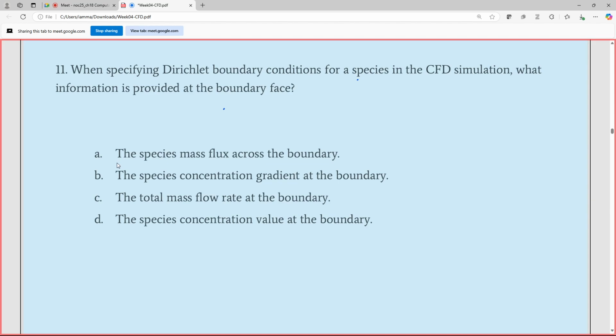Options are option A, the species mass flux across the boundary. Option B, the species concentration gradient at the boundary. Option C, the total mass flow rate at the boundary. Option D, the species concentration value at the boundary.